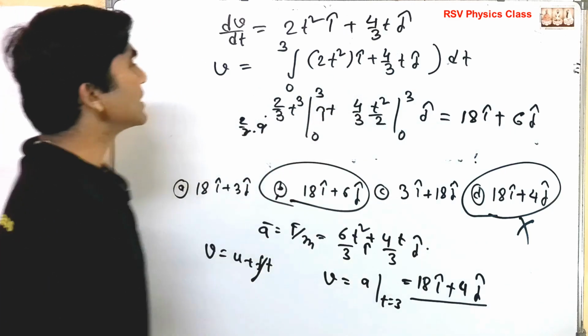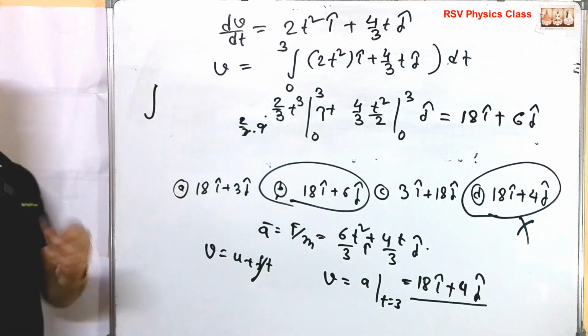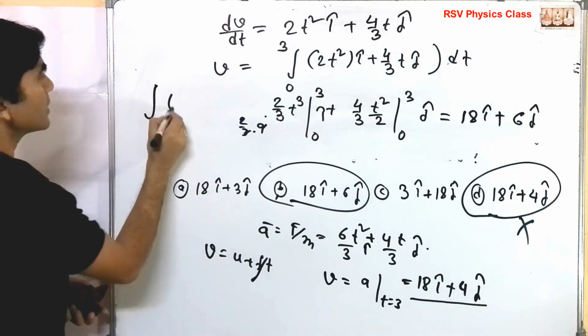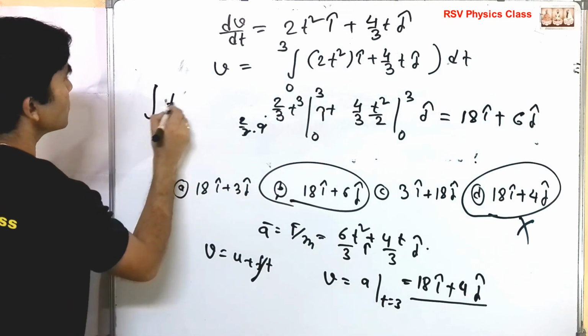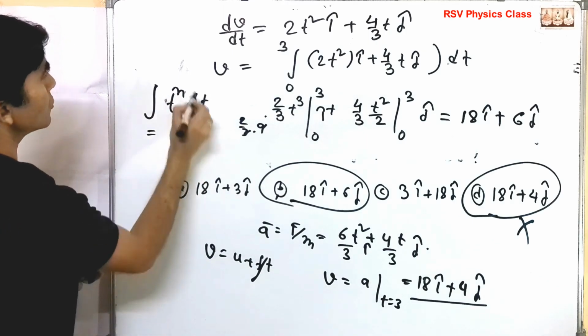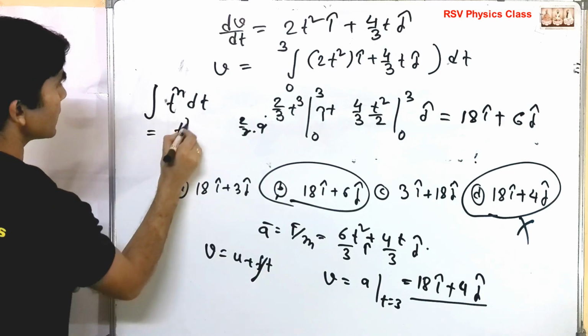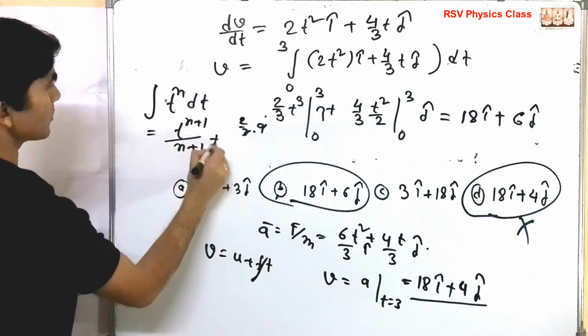So simple integration formula. Those of you who were studying in class 11 may not know integration. So the integration of t squared, or generally I will write the integration of t to the power n dt equals t to the power n plus 1 over n plus 1 plus constant.